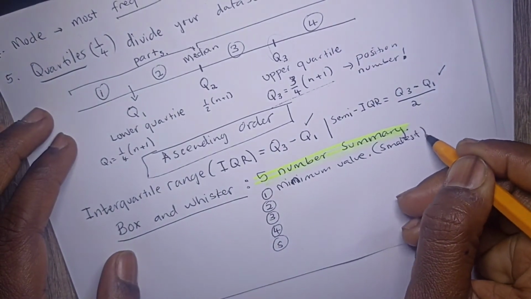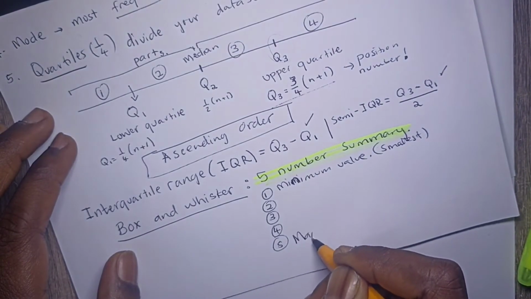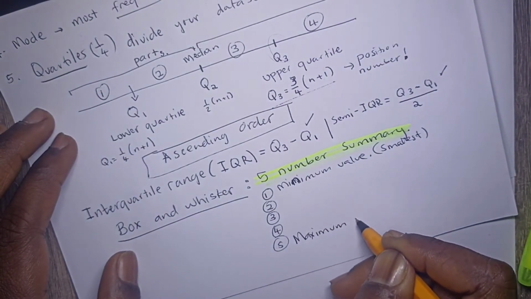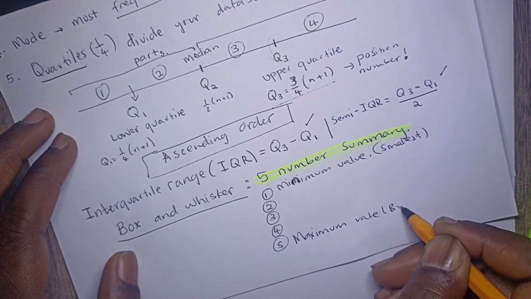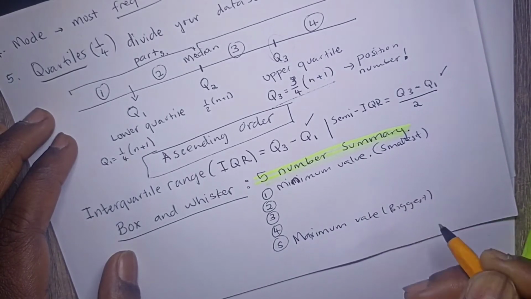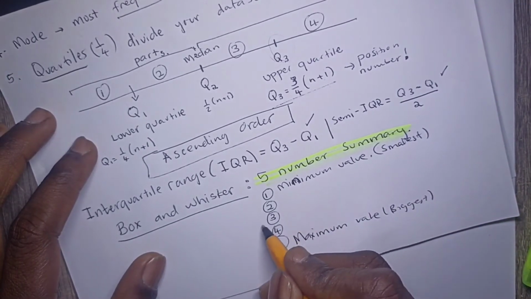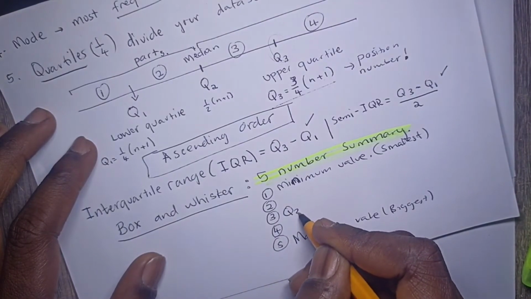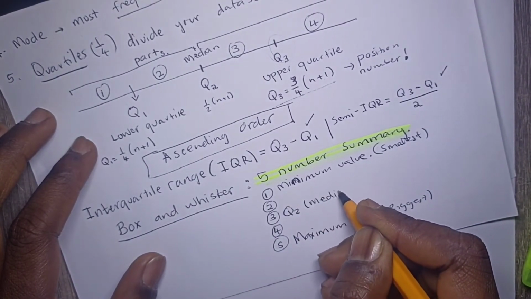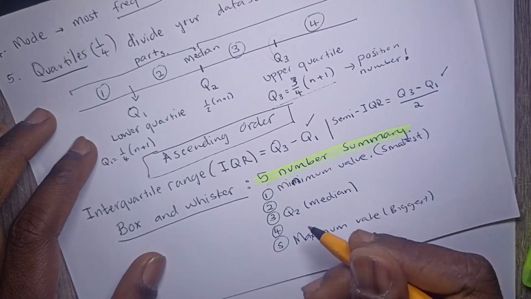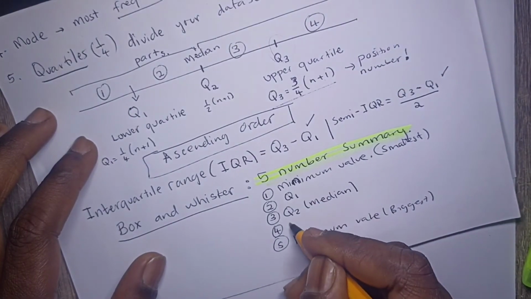And the maximum value, which is the biggest or largest number in your data set. Then you need to find Q2, which is the median, the middle term. And obviously Q1 and Q3.